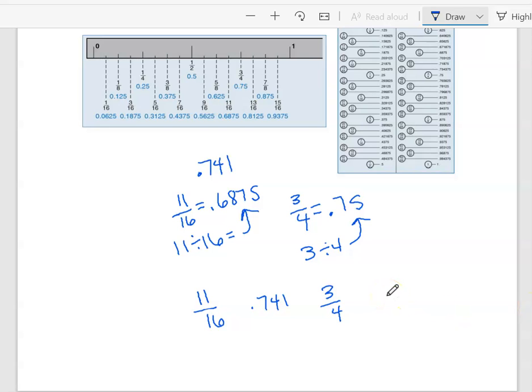Okay, so which one is it going to be closer to? 0.741. Well, if we add 0.009, we're at 0.75. 0.6875, you can see that that is a lot farther away from 0.741 than 0.75 is.